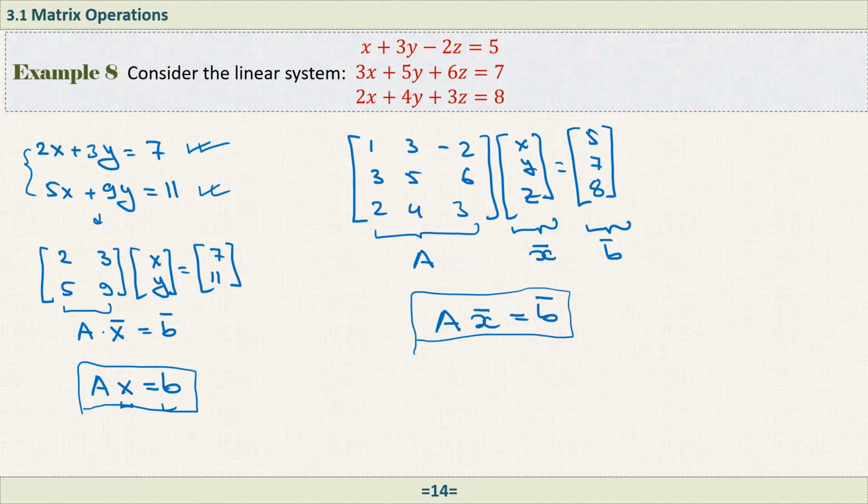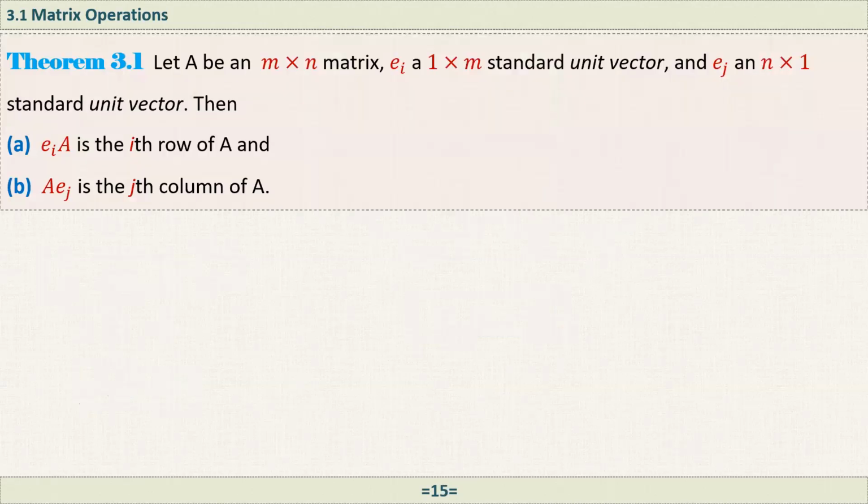All right, so now let's continue. Now we will introduce some concepts that we will need to do some calculations in very short form. Very simple theorem here. Let A be an M by N matrix. That means that A has M rows and N columns.